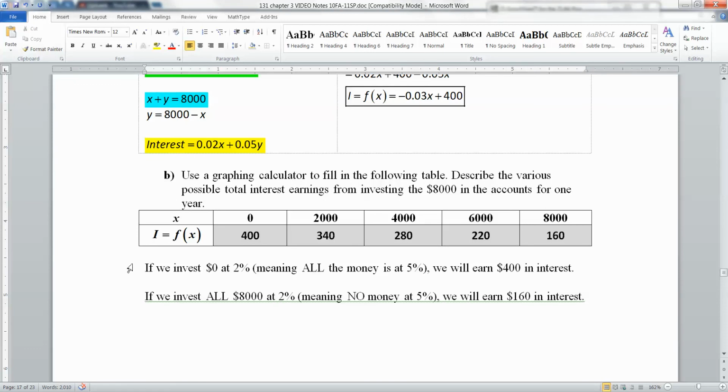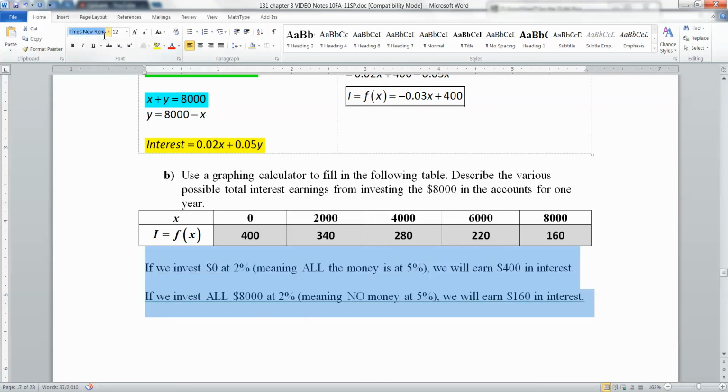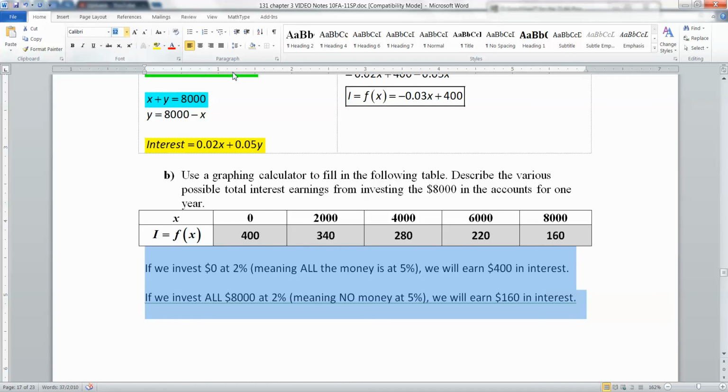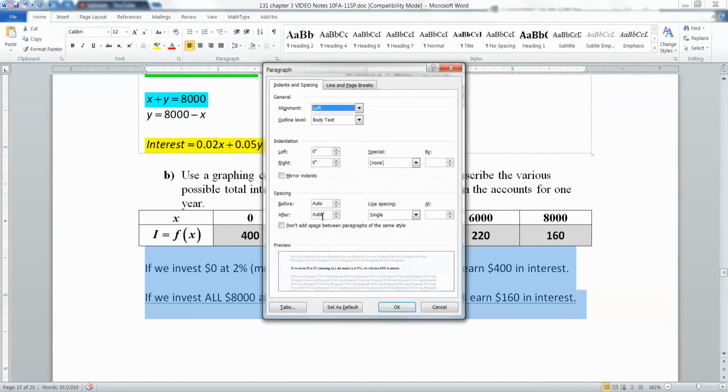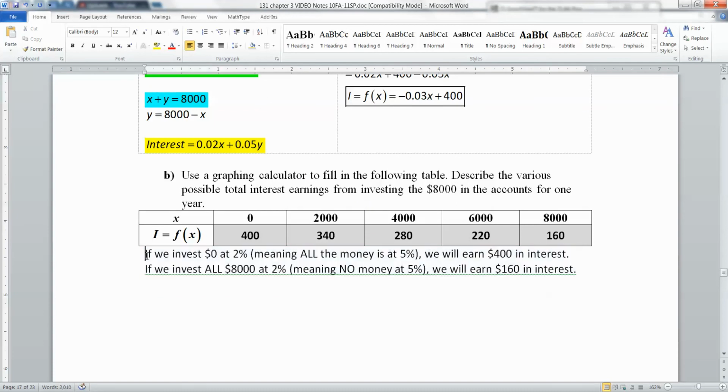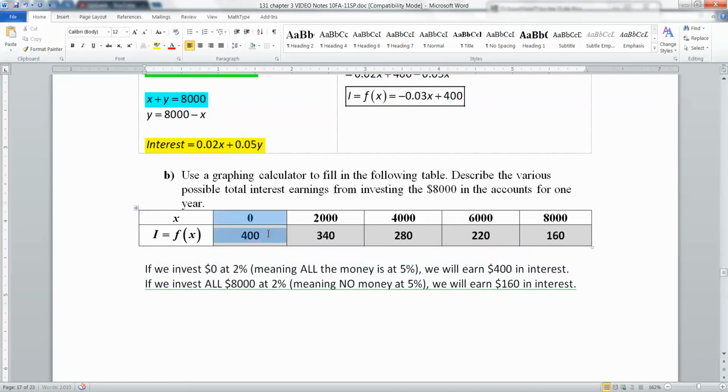And what else can you see? While you wait for me to fix this here, there's some other things to notice, just in general, from the table. Look what happens. So you start out here at 400, and then you decrease as you go on.